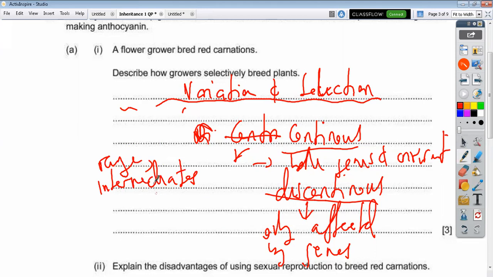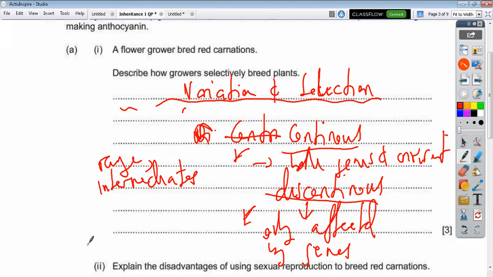Shoe size and things like that. Then discontinuous. There is no range, there are no intermediates. That's discontinuous. For example, either you are tongue rolling or you are not. Discontinuous, no intermediates, no range.